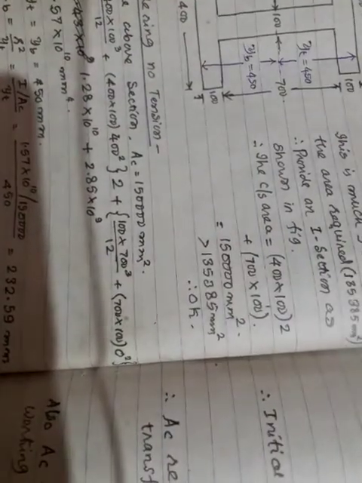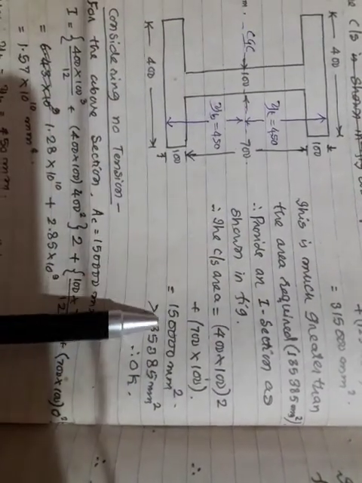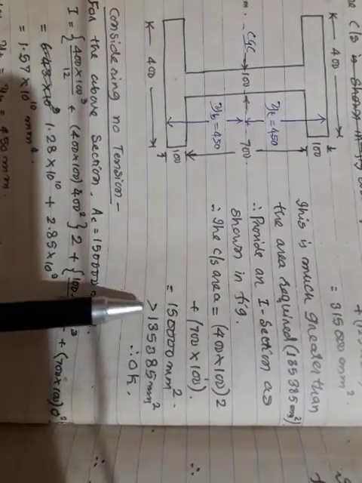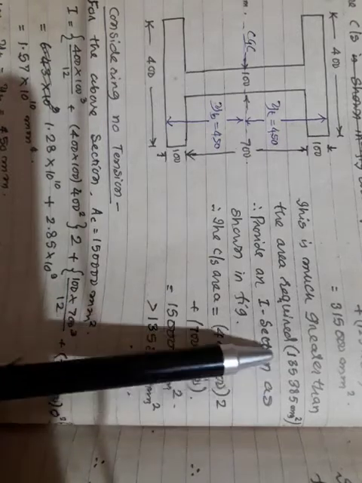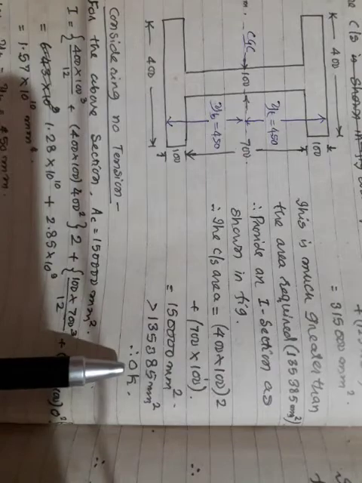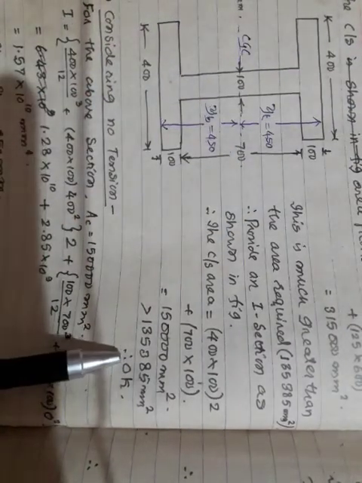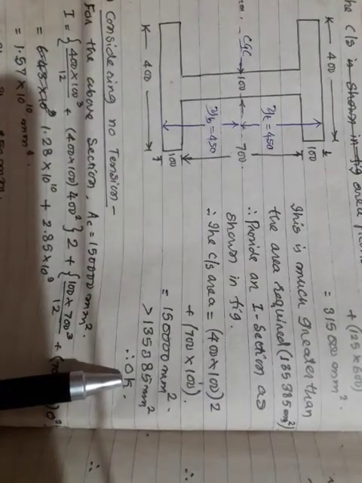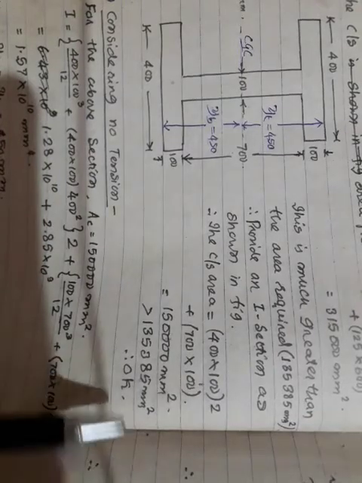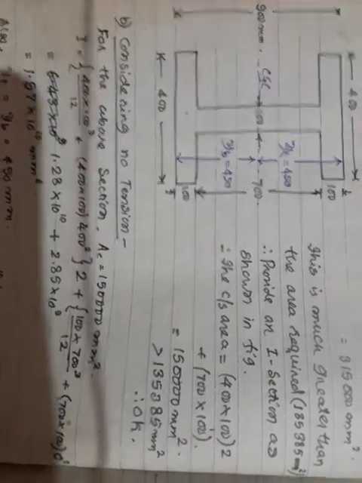If I calculate the cross-sectional area, you will get 150000 mm square, which is slightly greater than the area of concrete required, 135385 mm square. Therefore, this cross section is okay for our preliminary design. This is how you have to do the preliminary design. In the next class I will go to the final design. Thank you very much.